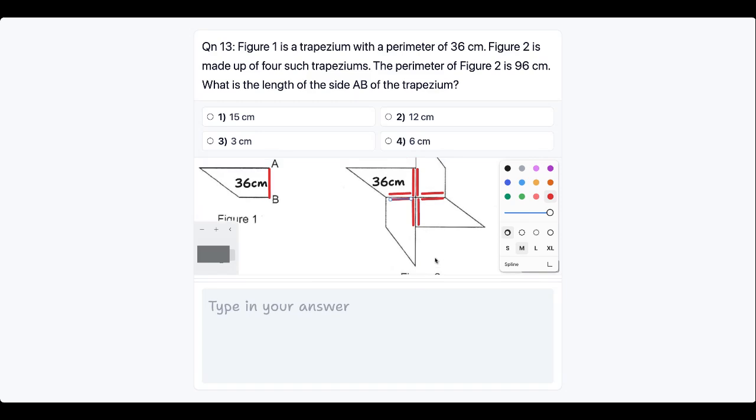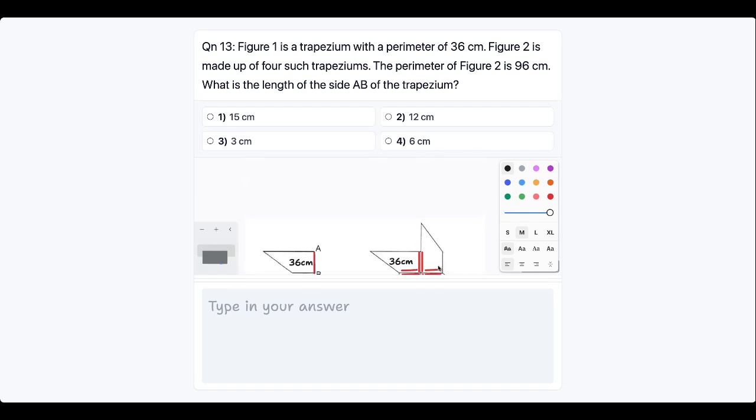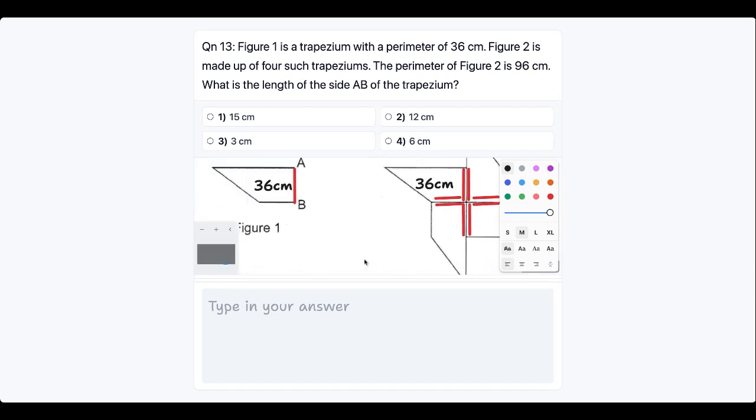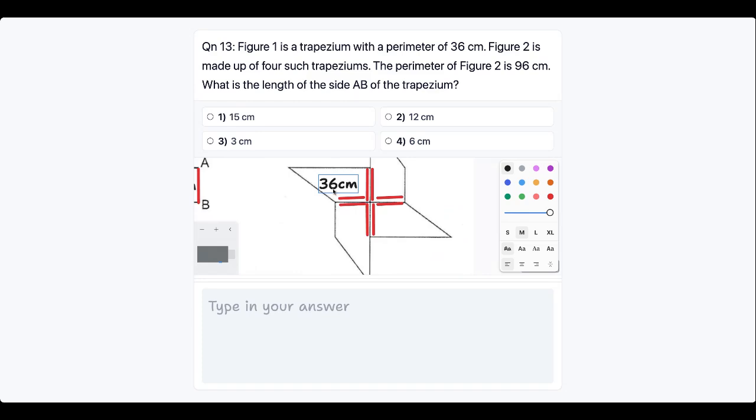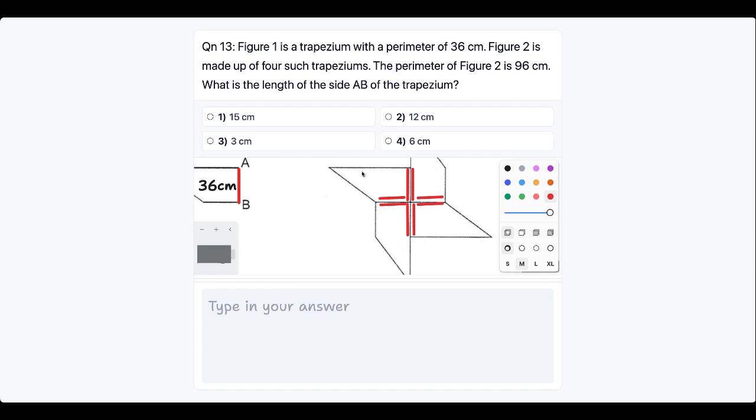So essentially, 96 centimeters is the whole figure 1, 4 times of it. So I'll just put fig 1 in black. So it's all 4 times of figure 1, figure 1, figure 1, figure 1, right?